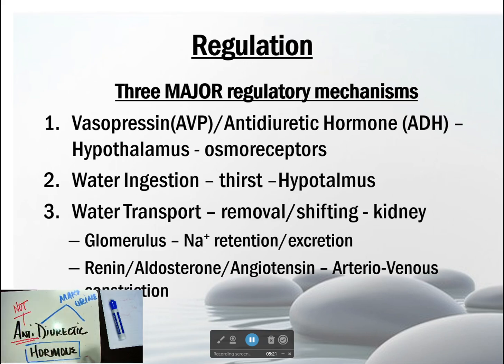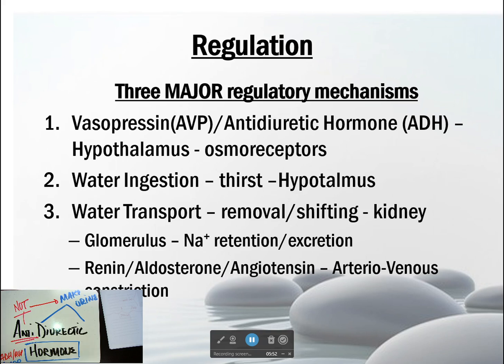So this hormone is going to cause the body to not make urine. So as ADH, AVP goes up, urine output goes down. So more antidiuretic hormone, less urine.